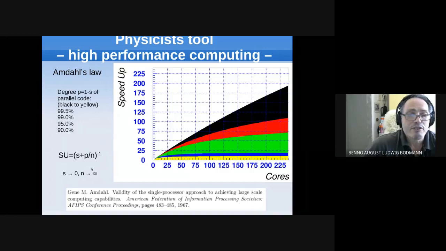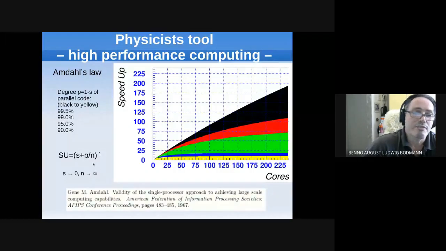On the other hand, if we take the limit of the number of computing cores to infinity, we see that the speedup depends reciprocally on the serial part of the computation. So the serial part of the application limits somehow the speedup we can achieve.